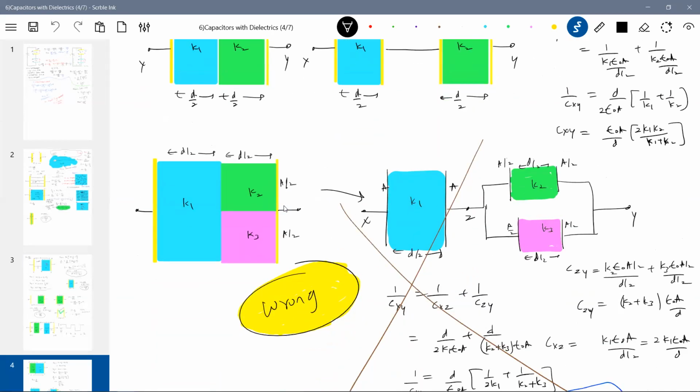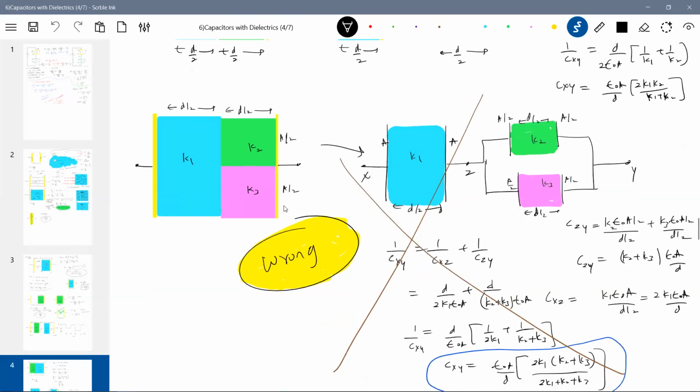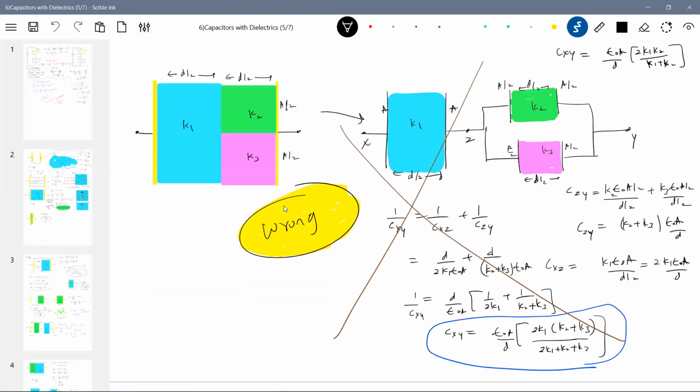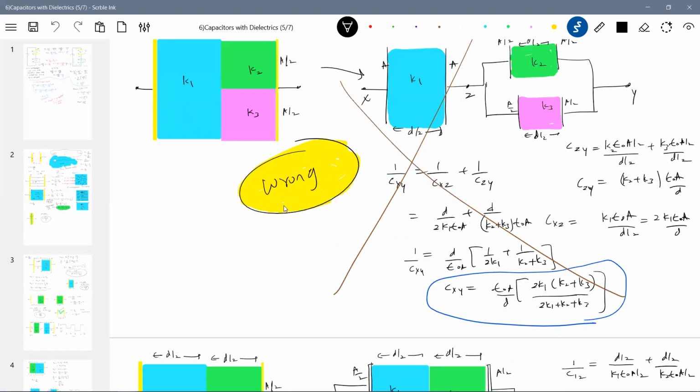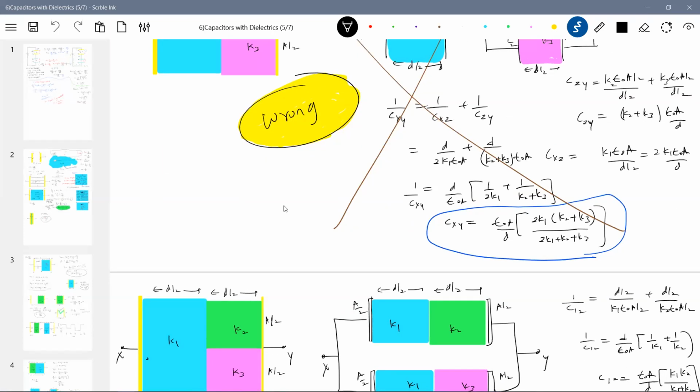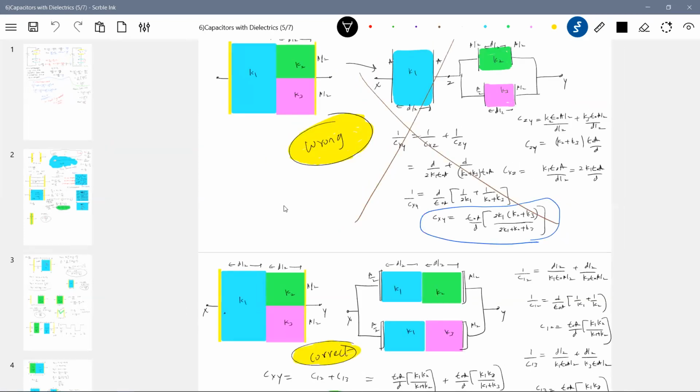I think the headache started from here, no? I said it's wrong. Yeah, now you can put a very beautiful reason here. Then I said the second method is correct.